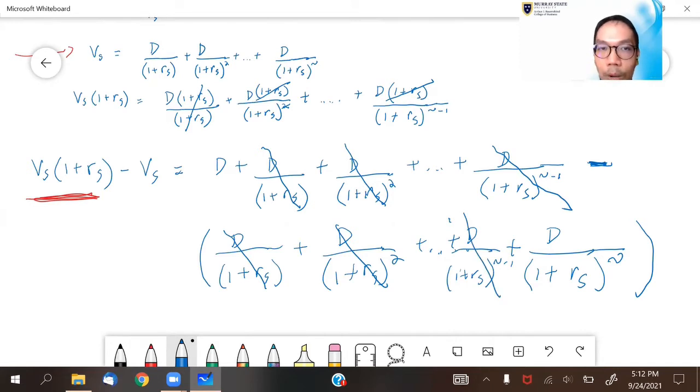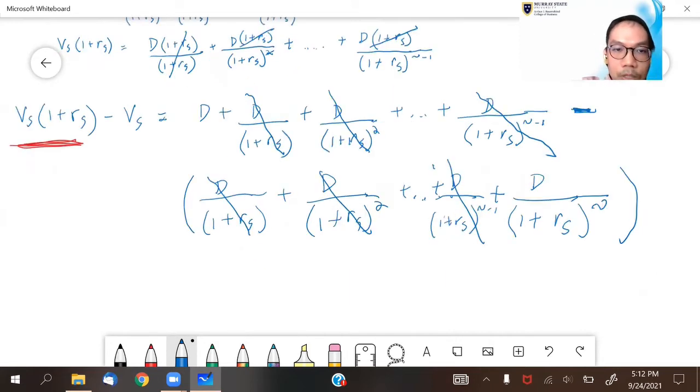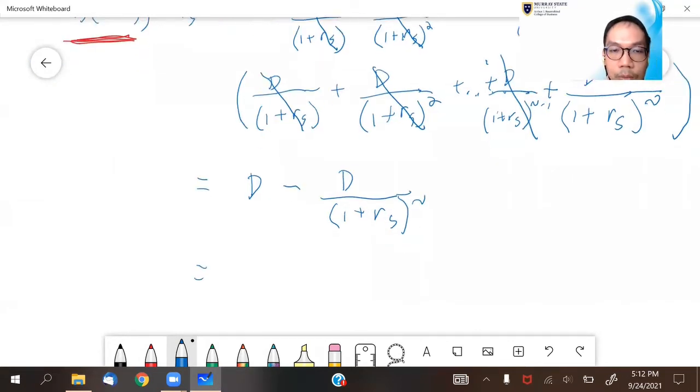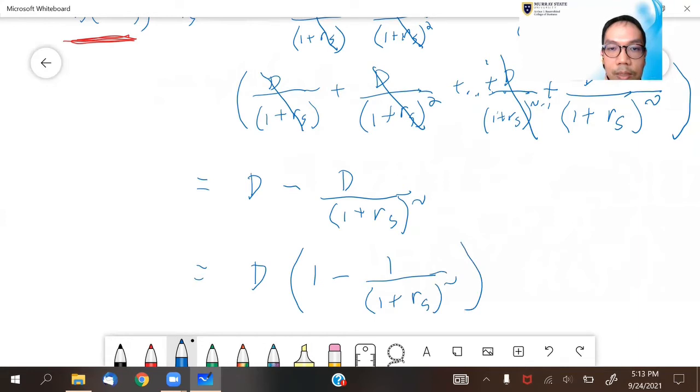What remains would be the constant dividend minus, because it's minus here, the constant dividend divided by 1 plus the required return by stockholders to the power of infinity. And of course, we did it also in the class this morning. We could write it this way: dividend times 1 minus 1 divided by 1 plus the required return by stockholders to the power of infinity.